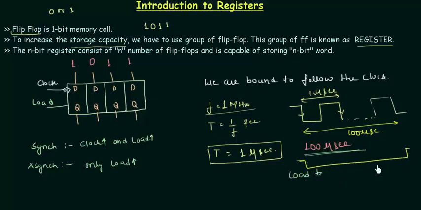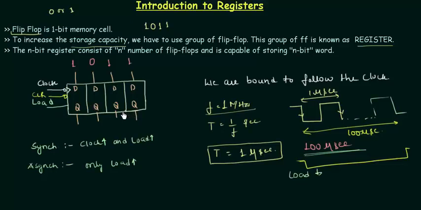This is my load and it is low for the 100 microsecond, and there will be no change in the register. The value stored is not going to change. It will be 1011, and there will be clear input. You already know what is clear input. It will reset our flip-flops, and in this case it is going to reset all the values of the 4 flip-flops. This clear is connected inside to all these flip-flops.